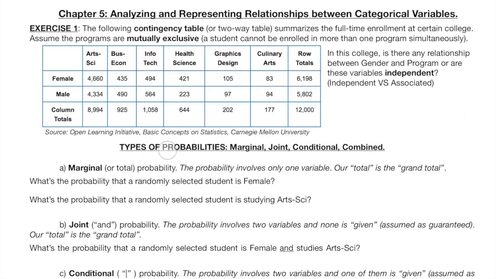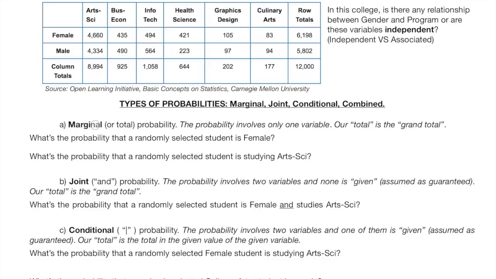So it's time to introduce the four types of probabilities that we will work with. The first type is the marginal or total probability. What you see here in italic is a non-official hint that I give on how to obtain such probability. An example of question about this type of probability would be: what's the probability that a randomly selected student is female?